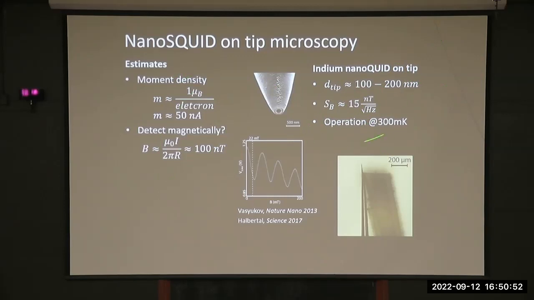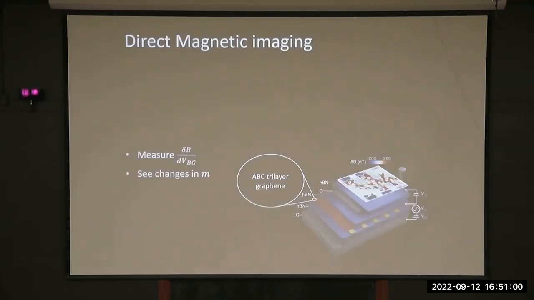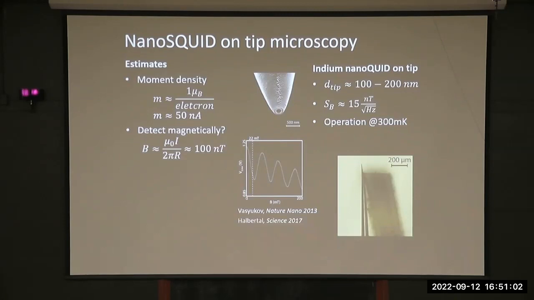We've built this in our lab in a couple of different systems, operating at 1.5 Kelvin, or the data I'll show you is mostly from a recently qualified 300 millikelvin system. So, oh sorry, yeah. This is an SEM micrograph of a tip, and this is that tip. This is the quartz tube.